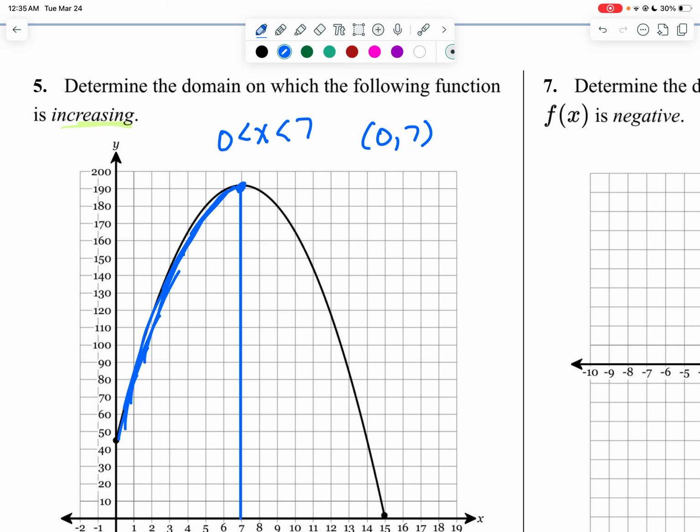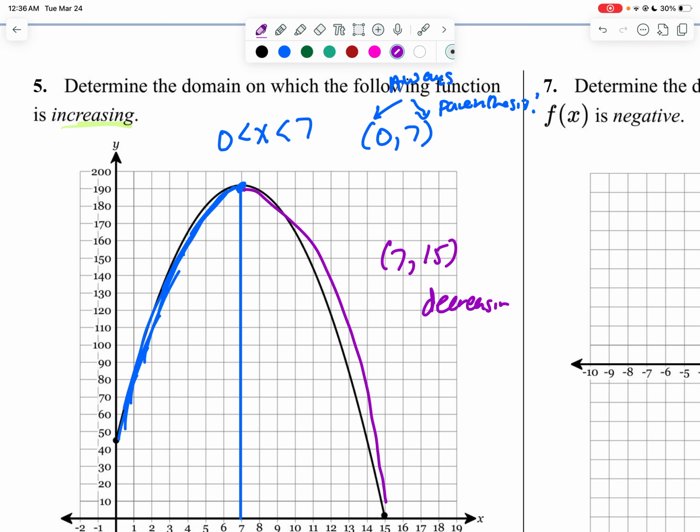Whenever you talk about increasing or decreasing, it's always going to be in parentheses. So always parentheses. Now, if I told you to find out where it's decreasing, then that would be from 7 to 15. That is decreasing.